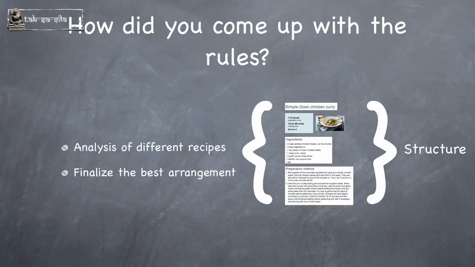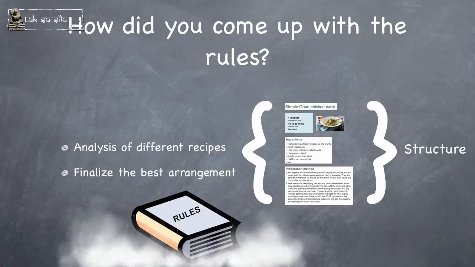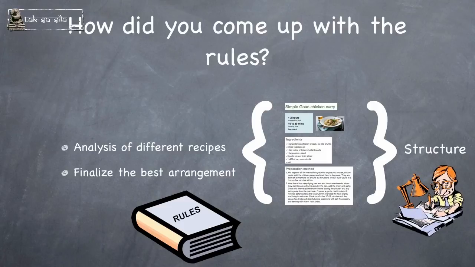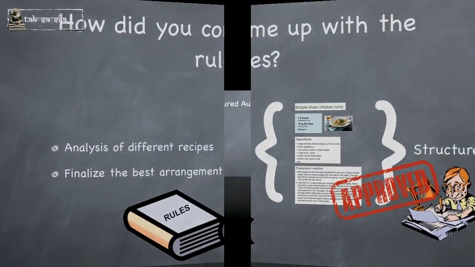Once you had decided on the structure, you documented them and created the rules that all writers must follow. You published these rules as a rule guide and told your writers that it was their Bible as far as the recipe was concerned. You made it mandatory for them to follow the rule book. As an editor, you identified instances where they have not followed the rules and pointed them out. In other words, you enforced the rules.